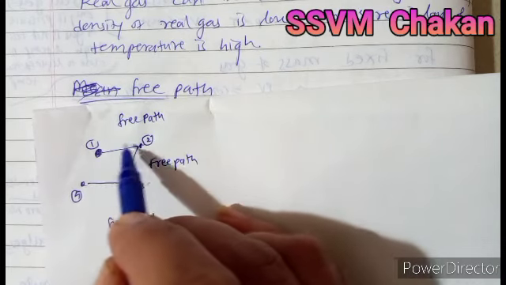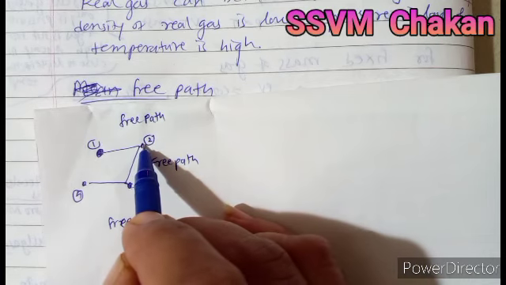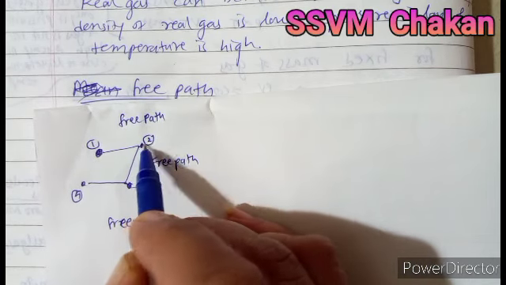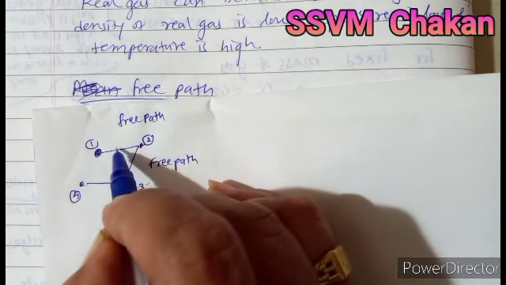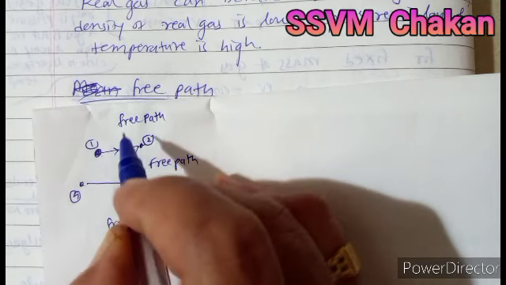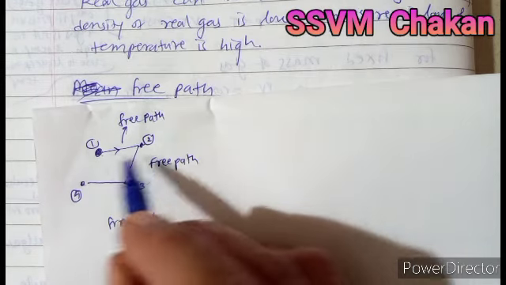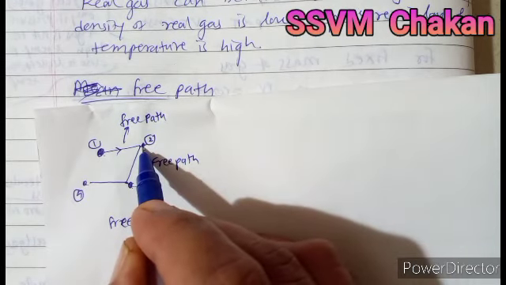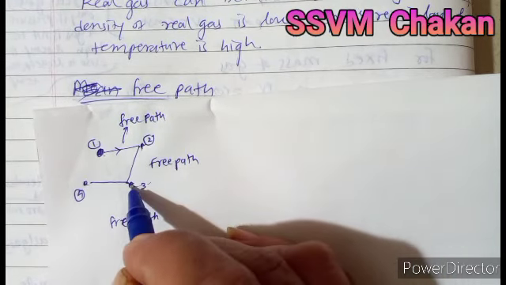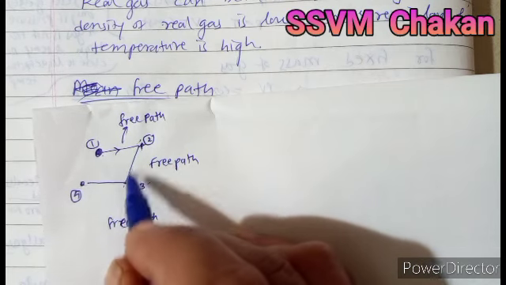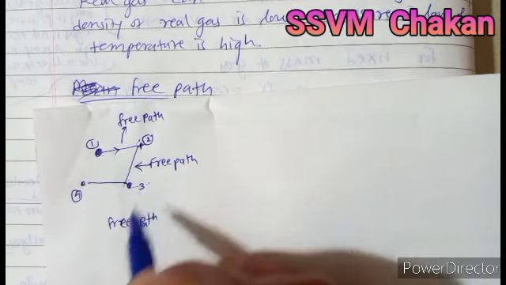When the first molecule collides with molecule number 2, whatever distance it covered is a straight line path, and that path is called a free path. When it collides with the second molecule and travels toward molecule 3, whatever distance it travels is also a free path.